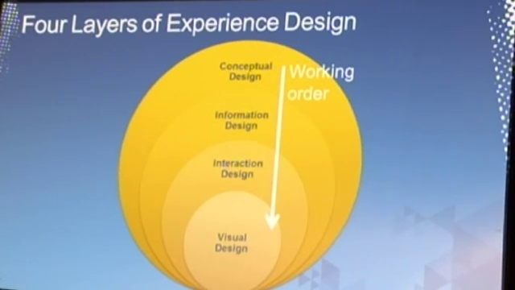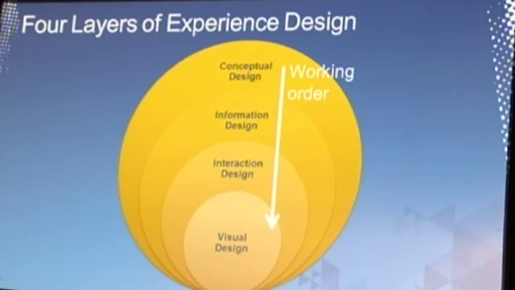It's more about efficiency and data quality, stuff like that, rather than so much about satisfaction. So we start by understanding the concept, then we try to structure, we call it information design or information architecture, try to structure the content and the features. Then we talk about interaction design, how people will actually work with and control and manipulate those features and that content before we worry about visual design.